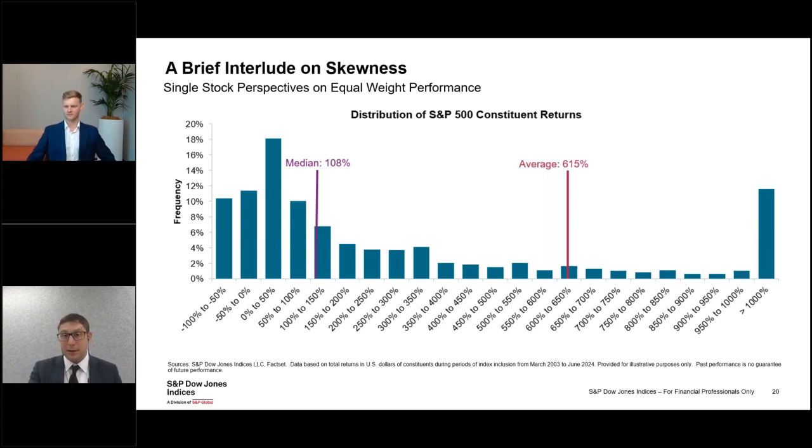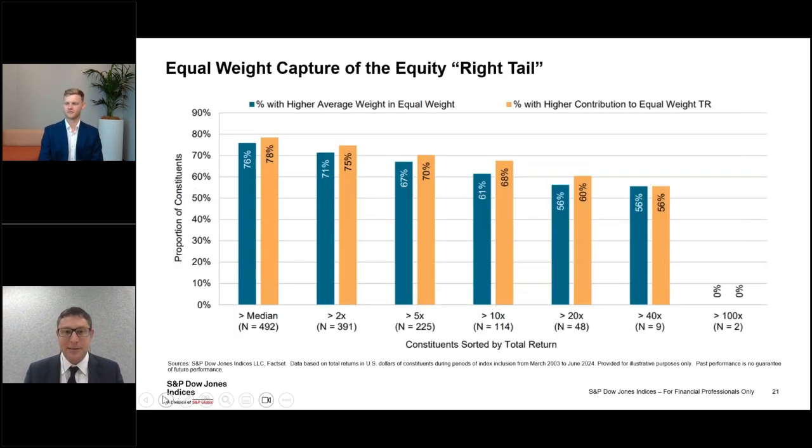When we actually look at the data, and I said that there are two slides in here that I think are quite specific to the particular market environment that we're looking at today. Here's the second one. So what we did was we looked historically, right? So you had the median performance, you had some 2x, 5x, 10x's, and we did an analysis to see how much of the performance of these quote unquote heroes was captured by the capitalization weighted index and by the equal weight index. And these are the results.